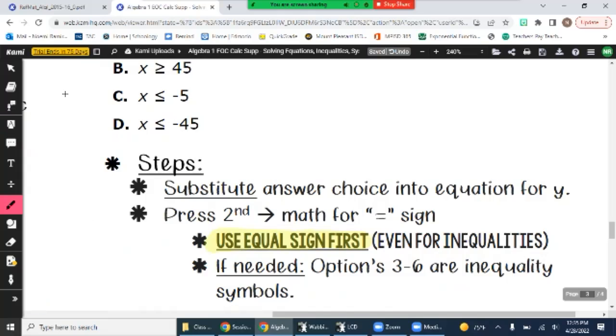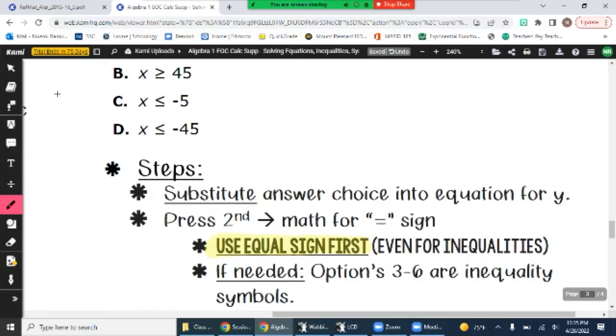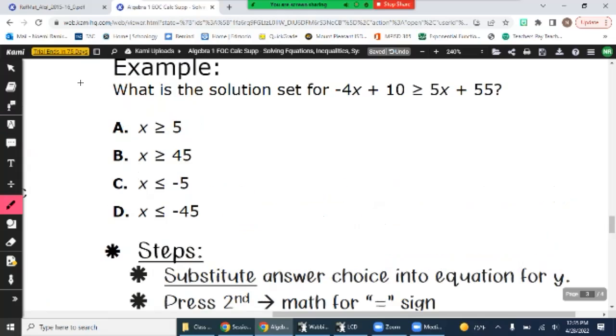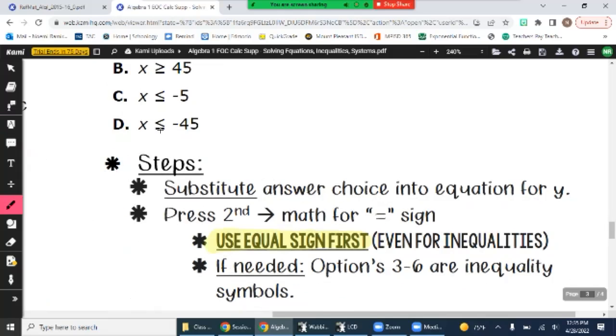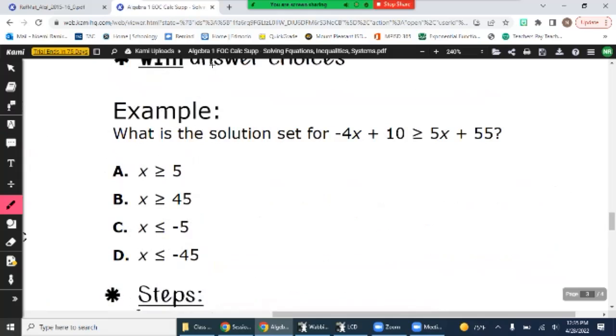Because 9.5 out of 10 times, you're going to be able to find that answer just by using the equal sign. I don't think I've gone through the last 6 years of STAR tests and had to actually use the inequality unless I'm doing shading, which is what I showed you yesterday, and that's only used in Y equals. So you want to change it to an equal sign. I'm going to go ahead and do that here.